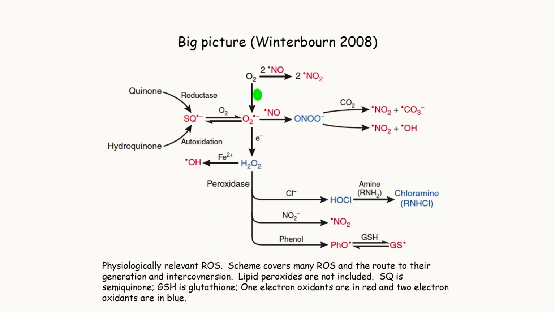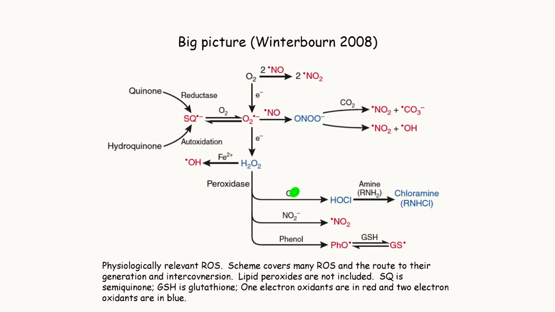So where are we going to be focusing? Oxygen picks up an electron and goes to superoxide. Superoxide, in the presence of another electron and protons, goes to hydrogen peroxide. So we're going to be focusing here. Hydrogen peroxide in the presence of iron(II), if we've somehow screwed up our iron and we're in the reduced state, generates hydroxyl radical.